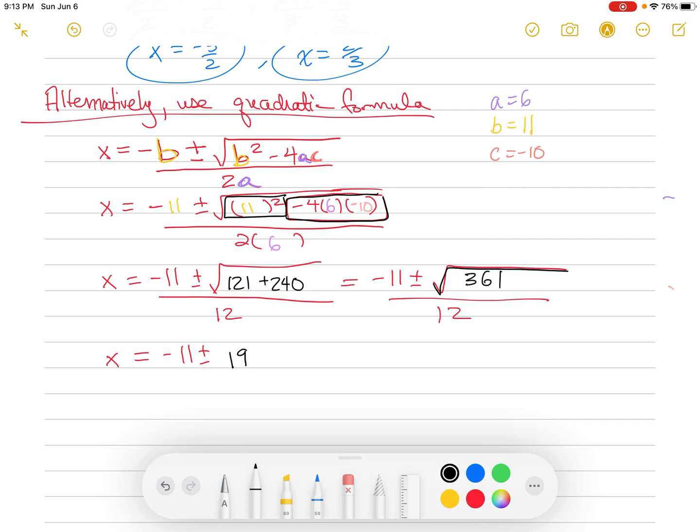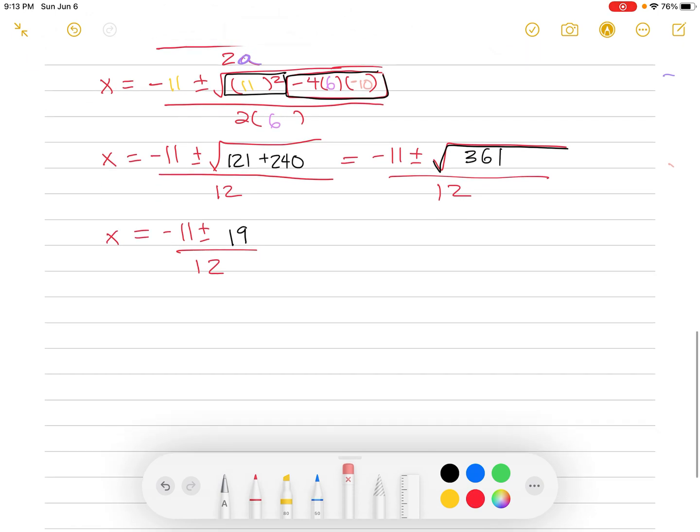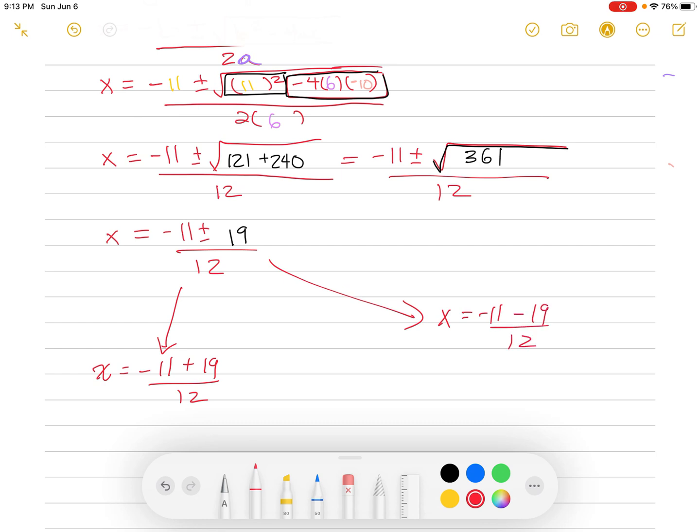So you get negative 11 plus or minus 19 over 12. And this basically breaks into two solutions. So we'll get negative 11 plus 19 over 12, and negative 11 minus 19 over 12.